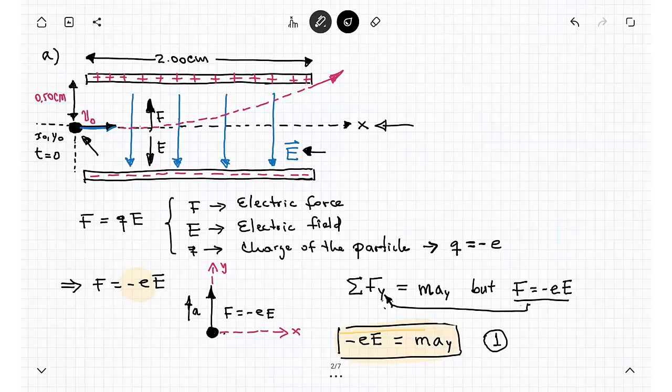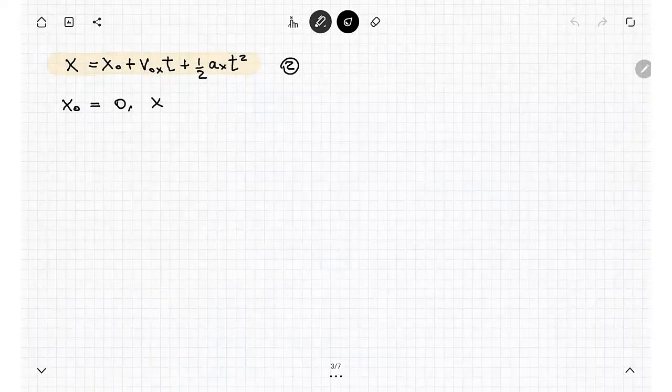The distance or the length of the plates is 2 centimeters, as is shown right here. So we write right here that the distance that the particle travels along the x-axis is 2 centimeters.